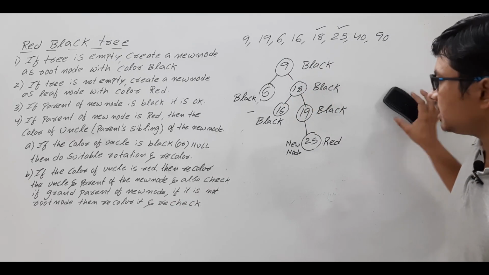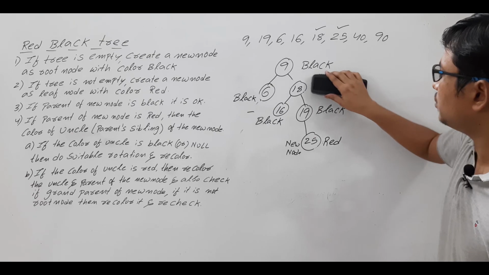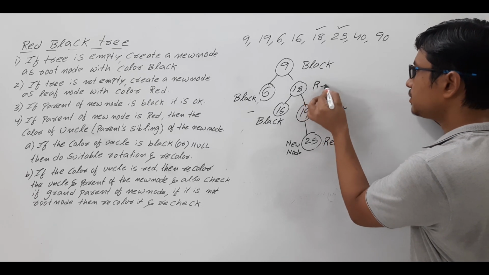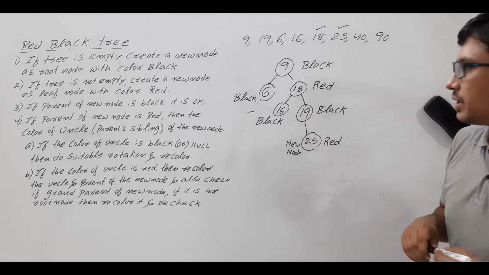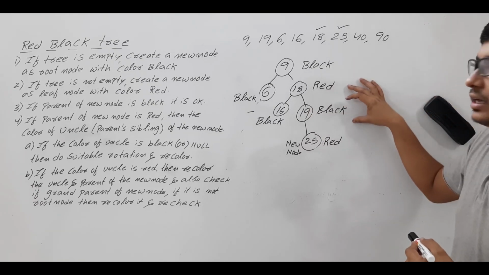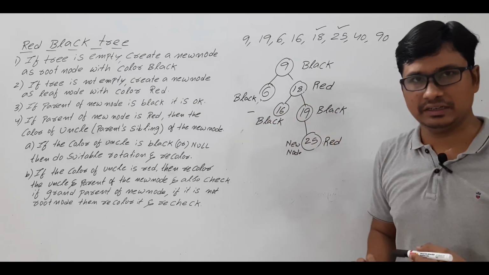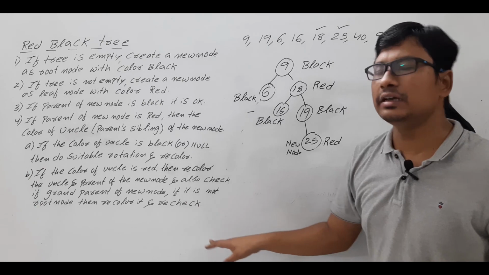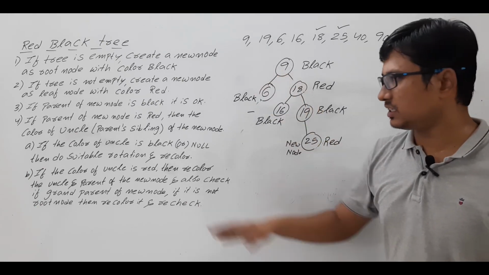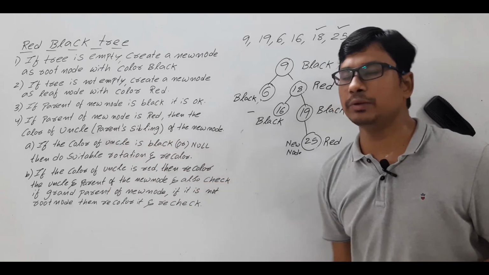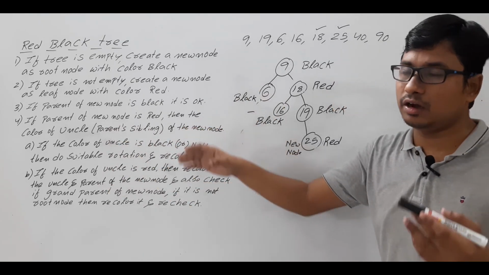Recoloring means it is black, you need to modify it into red. Now you need to check after making it red, did you get any red conflict? No, you did not get any red conflict, then you can leave it. If you get a red conflict, then recheck and do the appropriate action. Here you can go for point 4A or 4B. It depends on the color of the uncle.